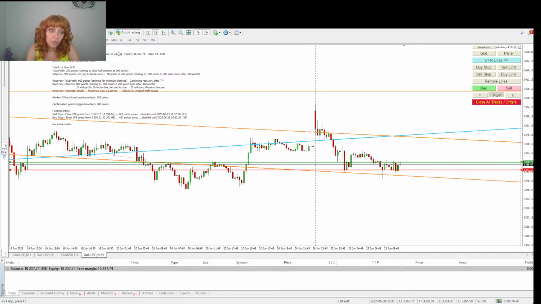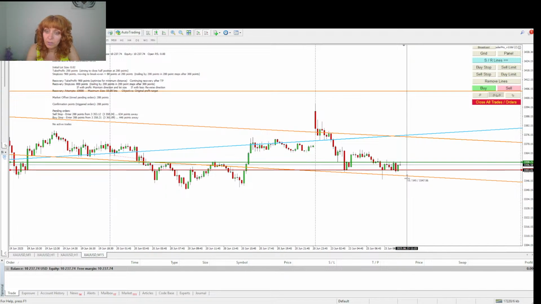The actual orders are 28 pips above, or 288 points, and the same from the red level down. Going down 288, plus the first take profit of 200, I need 488 to get me a bit of profit.